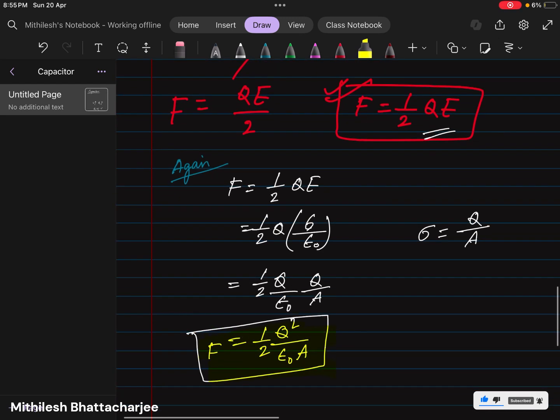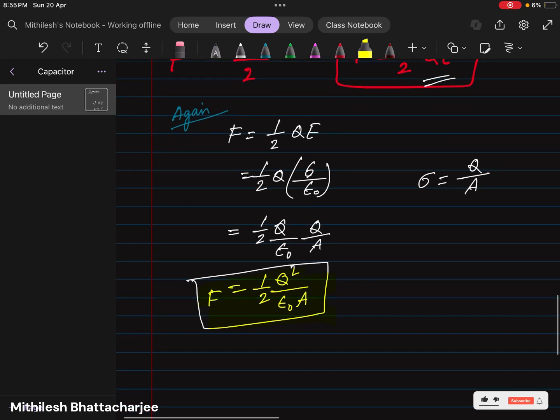F is equal to half QE, and F is equal to Q square by 2 epsilon naught A.